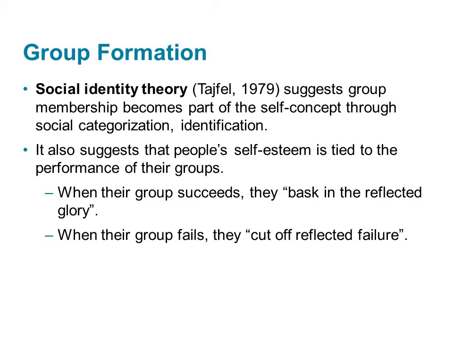We call this basking in reflected glory. We also tend to distance ourselves from our groups when they fail, when they perform poorly. We call this cutting off reflected failure. We like to be associated with our group when it's doing well, but not when it's not doing well.